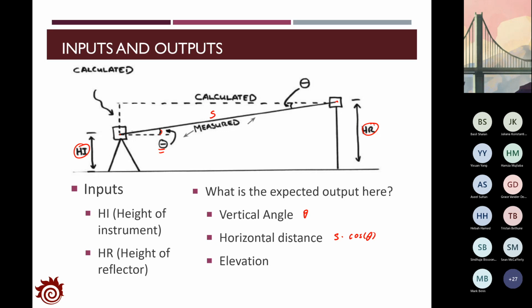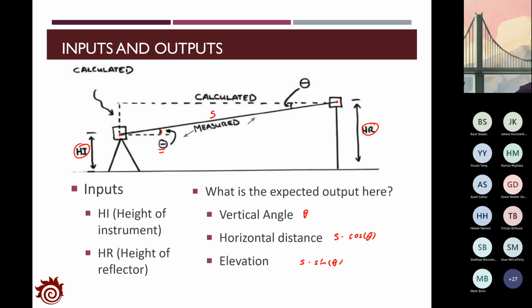And you can also find out the elevation difference between the telescope of the total station and the target reflector as S times sine theta. So this is the way for you to find out the value of the horizontal and vertical distance in the total station.